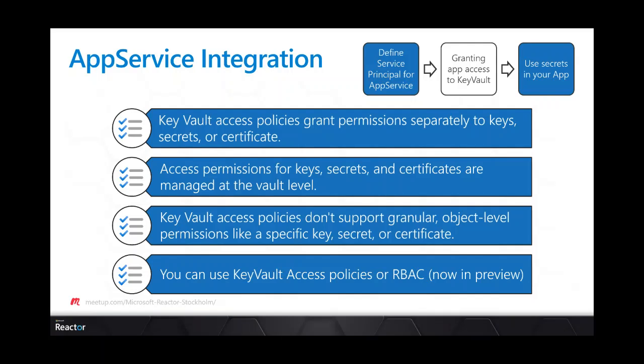I can give access to keys, secrets, and certificates, but to the entire set of keys, the entire set of secrets, the entire set of certificates; I cannot say this application reads only this particular secret and the other application reads another secret. If I want to segregate different applications for different secrets, I need to create different key vaults. Yes, but it's the same.